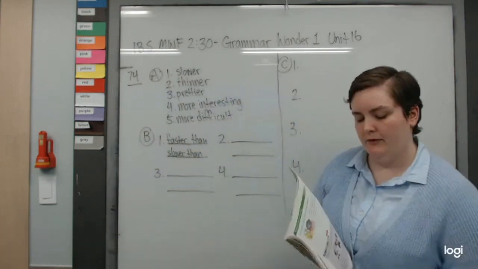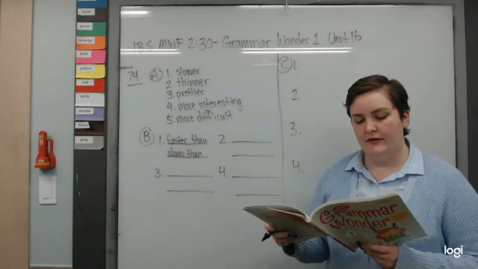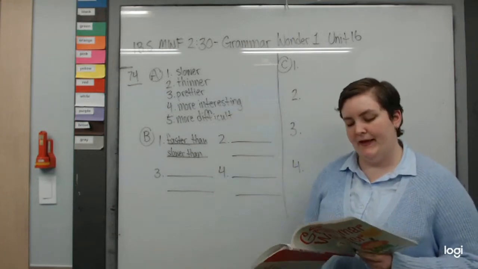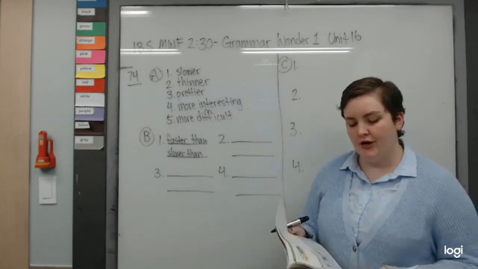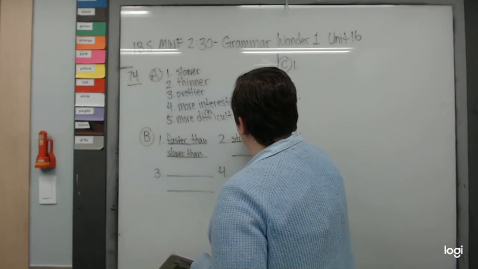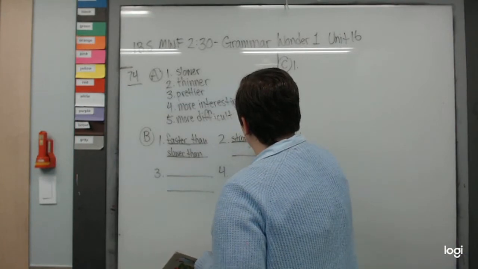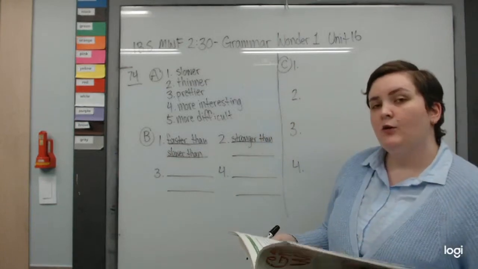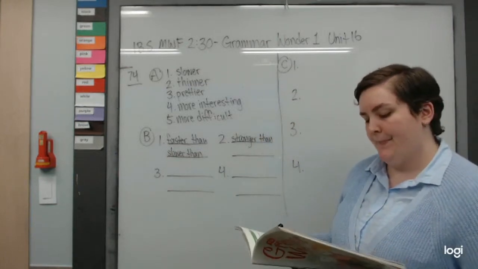Number 2, let's look at the girls. So Betty wins the arm wrestle. Betty is stronger than Amy. And Amy is weaker than Betty.